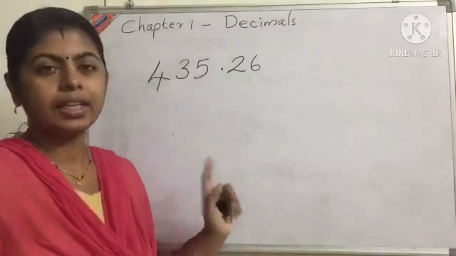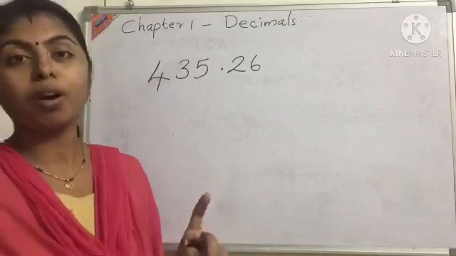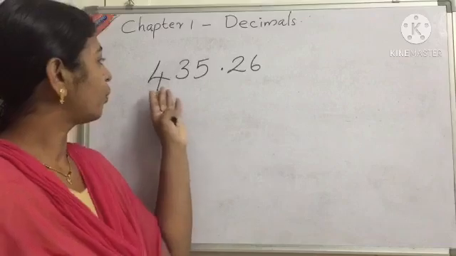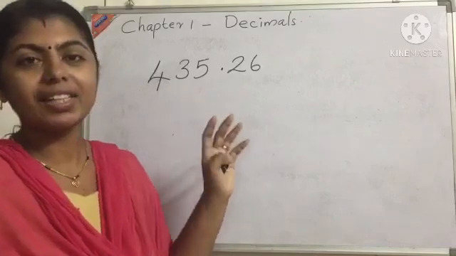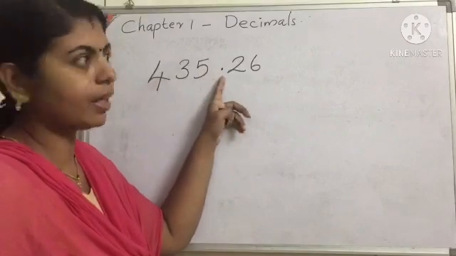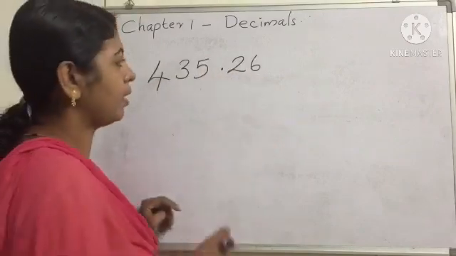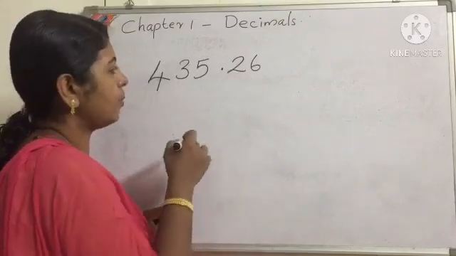This is a decimal. Then in this, which is the whole part? 435 is the whole part. It is the left side of this decimal point. 26 is the decimal part.